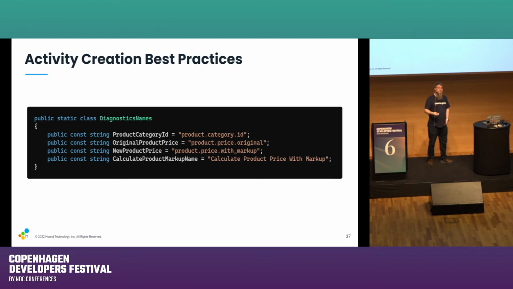So everybody uses the same names, which means you've got shared language, you've got shared context. So when you're looking at your observability in the background, you know what you're looking for. Throw descriptions on these. Tell people what they should be putting in them, what they shouldn't be putting in them. Help your developers out.